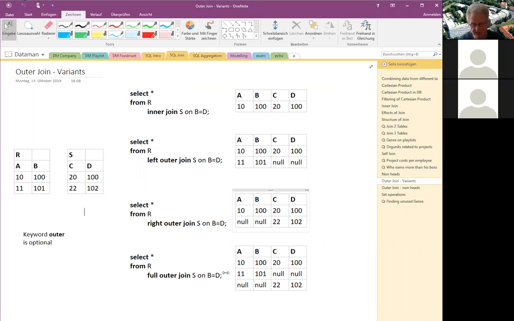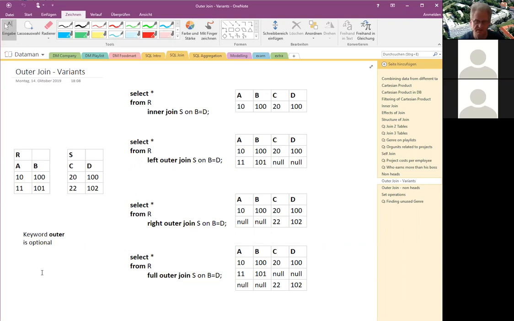And last but not least, we have what is called the full outer join. That takes the combination of left and right outer join. That means take all from the left-hand side that are not connected, take all from the right-hand side that are not connected, and of course take all from the inner join. And therefore we see all three records here.